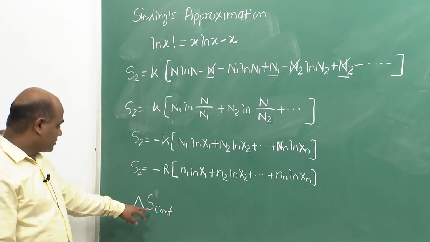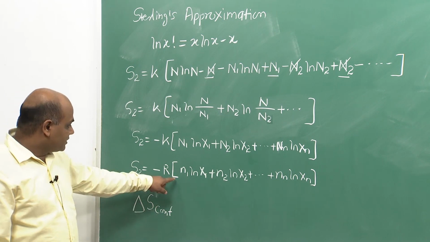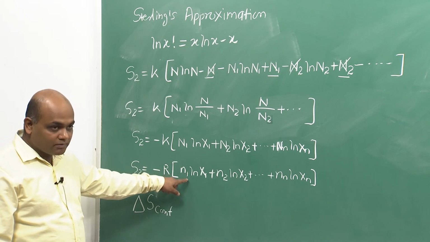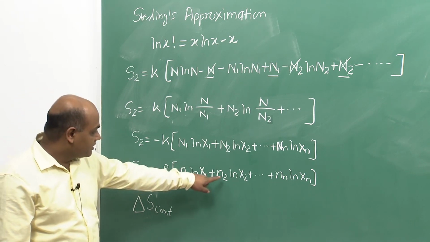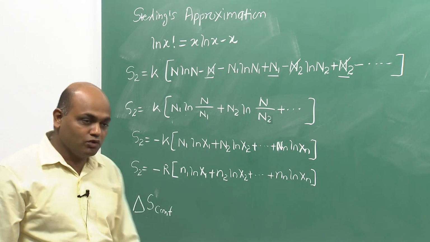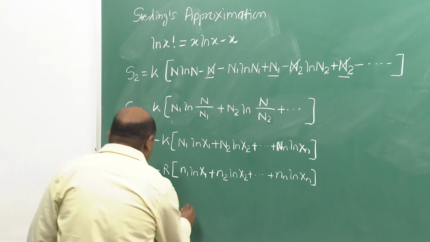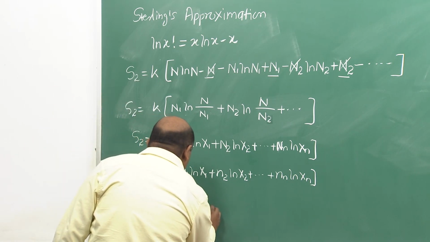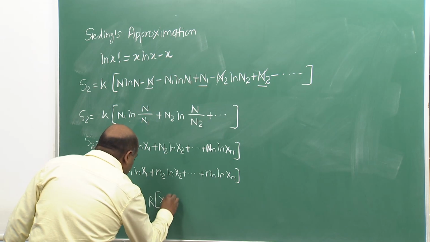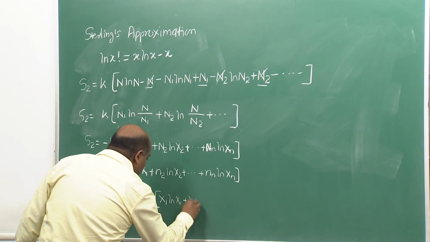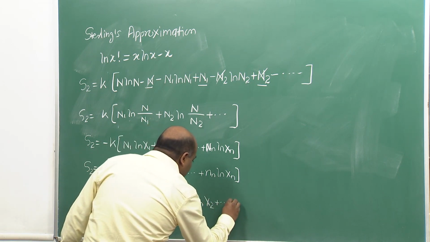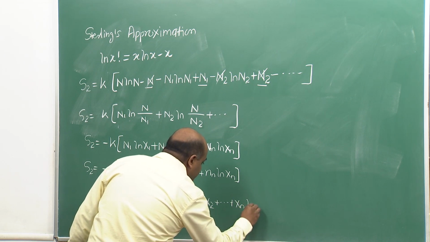So, the molar configurational entropy of mixing, we divide this by total number of moles. So, N1 by total number of moles will be again the mole fraction of 1, N2 divided by total number of moles will be mole fraction of 2, and so on. So, we get the expression for configurational entropy change to be minus R times x1 ln x1 plus x2 ln x2 till n.